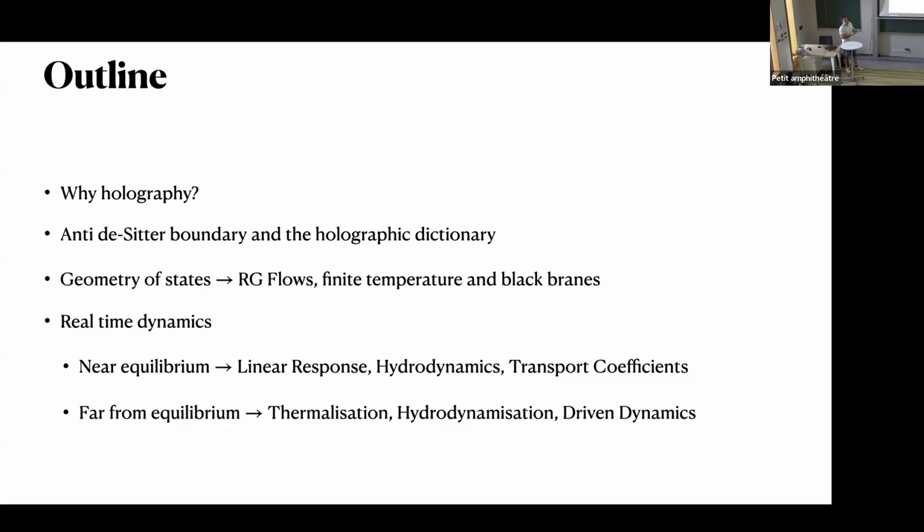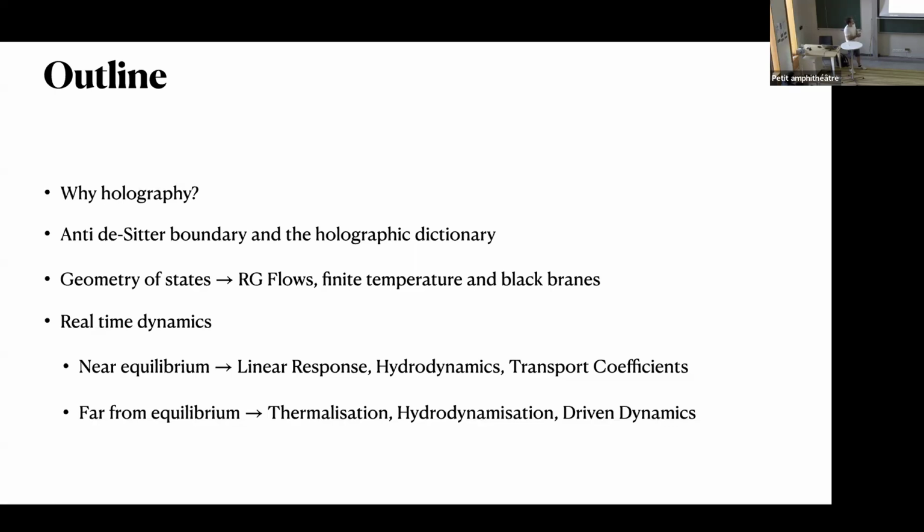And I will also tell you a bit about the holographic dictionary, how you translate between things that you read from geometry to what it means for a field theory, and how you read off field theoretic quantities. Then I will talk about how holography geometrizes states of field theory: thermal states, RG flows, ground states, not ground states, and we will see pictures of them.